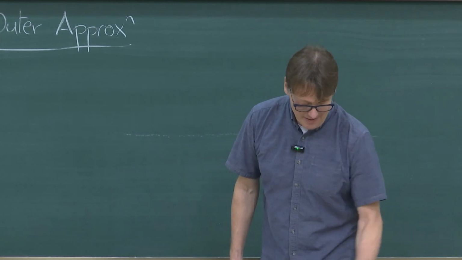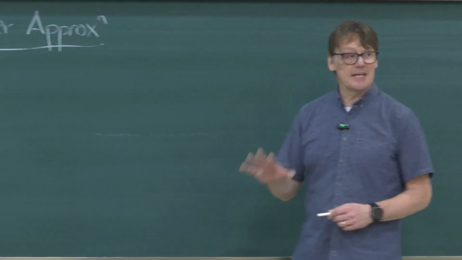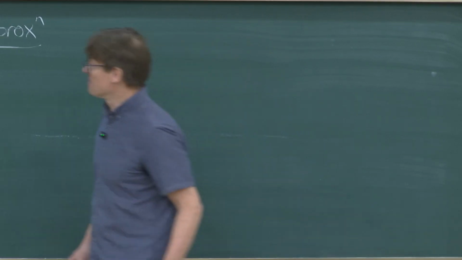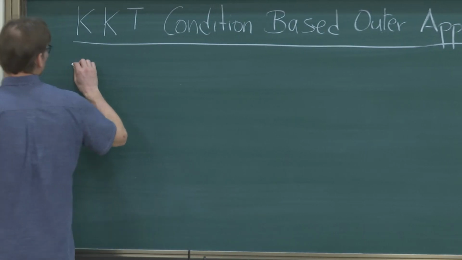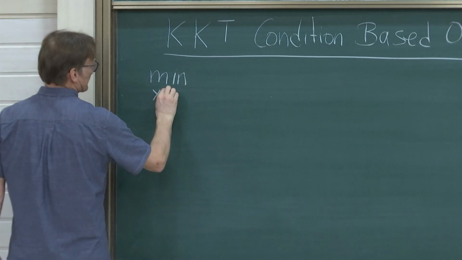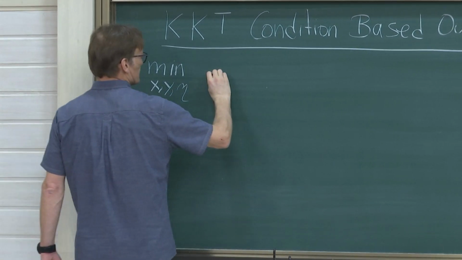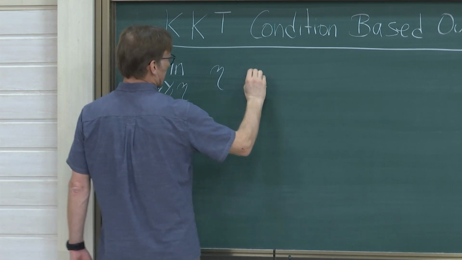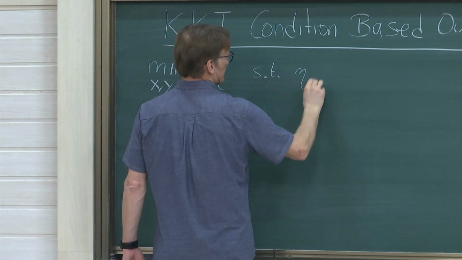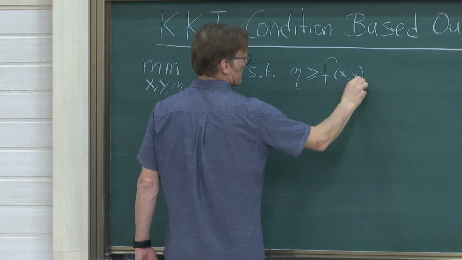Okay, so we are going to now apply the KKT conditions that we just learned to a mixed integer nonlinear optimization problem. I'm going to write it in the form where we minimize over x, our continuous, y, our integer variables, and eta, an additional objective variable, so that my objective function now becomes part of the constraints.